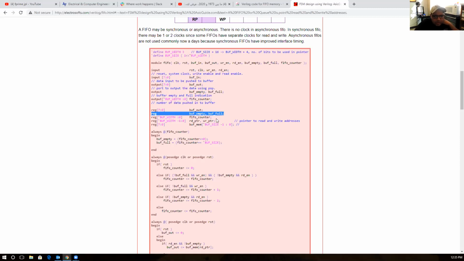Then the counter, it's a counter, so it has to be a register, and the size of the counter will be the locations we have in the FIFO. We defined in the beginning how many locations we have in the FIFO, 16. So we are telling this FIFO counter will be 15 to 0.